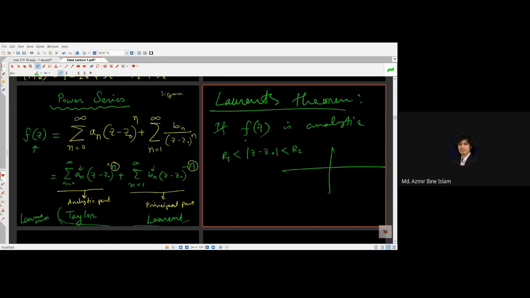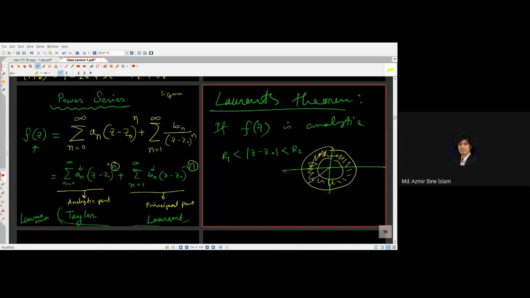This represents two circles, and if we apply the concept of chapter 1, week 1 and week 2 videos, you will get the interior part of these two circles.